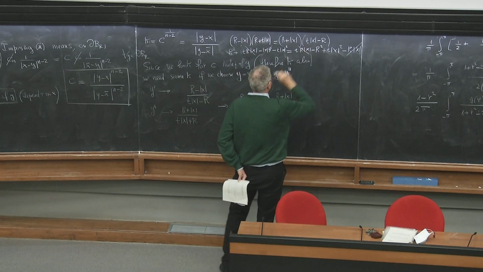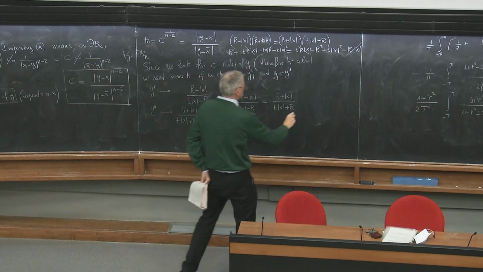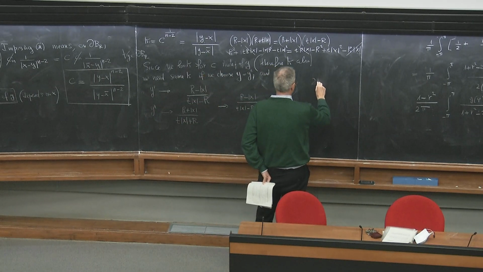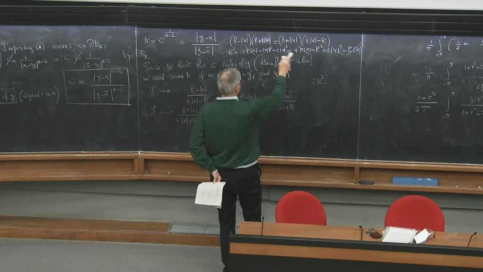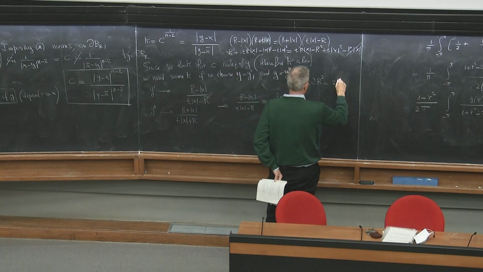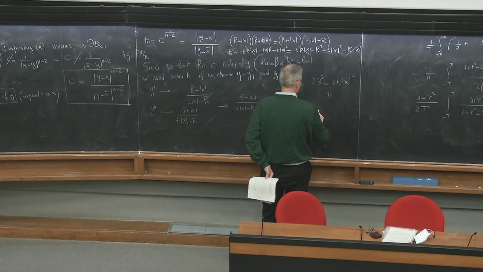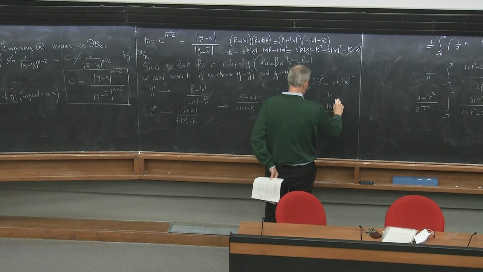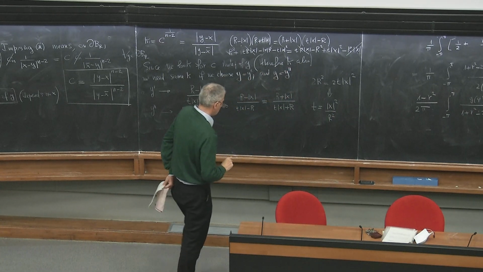So we get 2r square equal to tx square. Gives us t equal x square over r square.